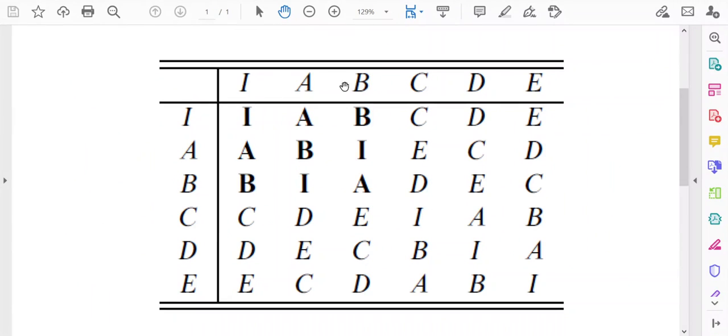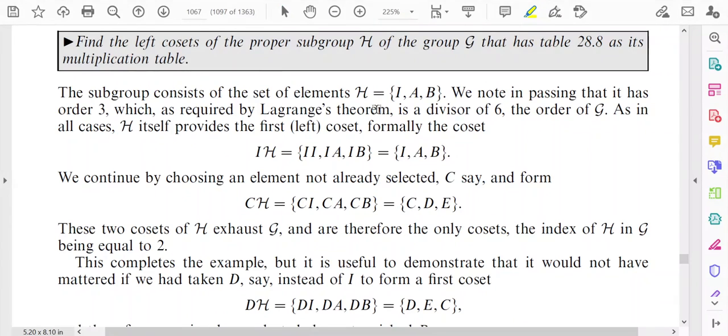So I, A, B, these three elements form a subgroup of the group capital G. In capital G there are a total of 6 elements, and in the subgroup there are 3 elements I, A, B, and we are writing this proper subgroup as capital H. So capital H consists of 3 elements I, A and B.